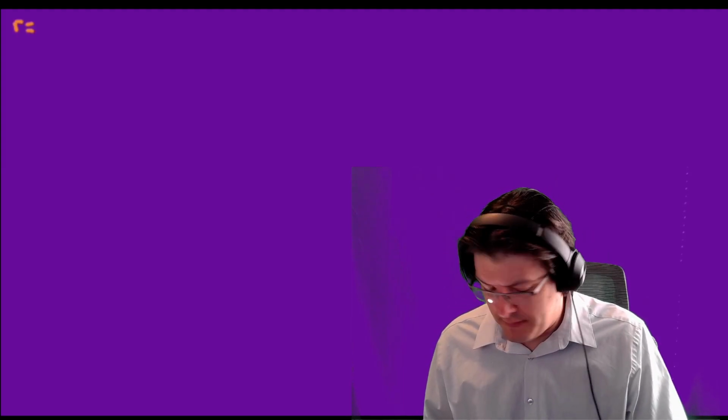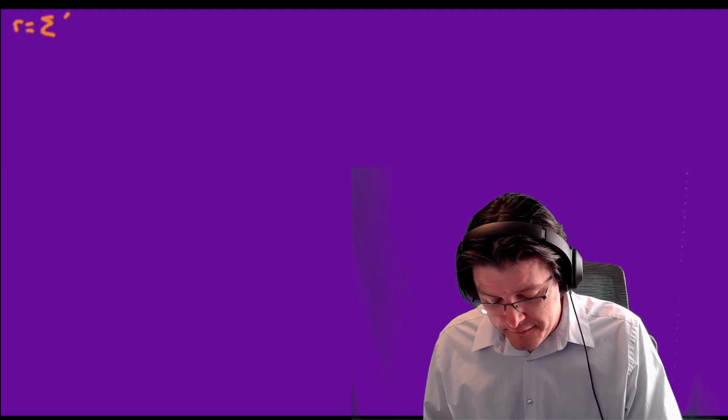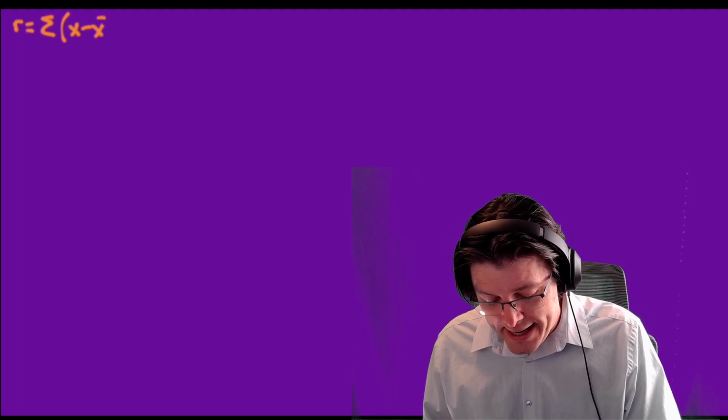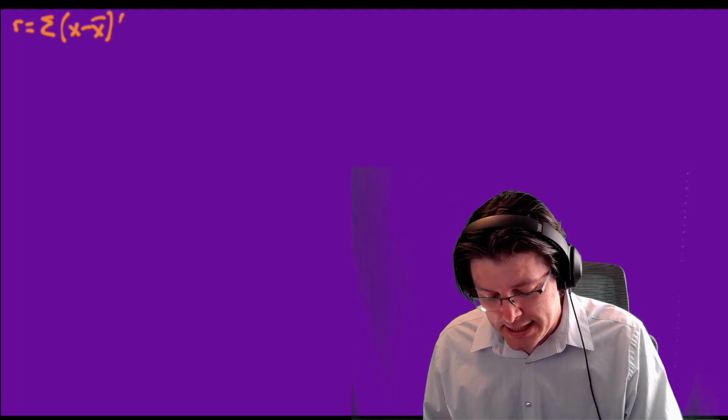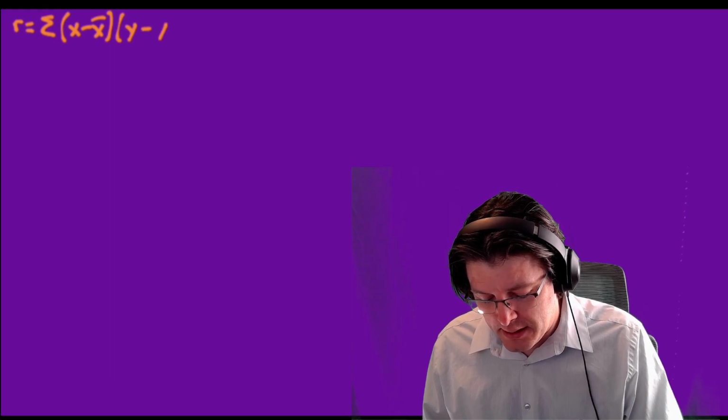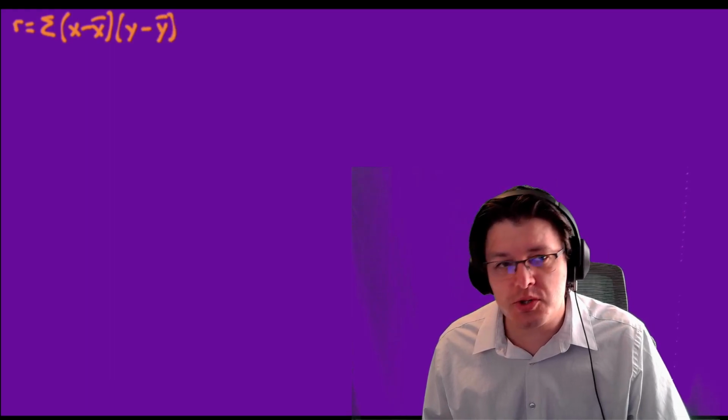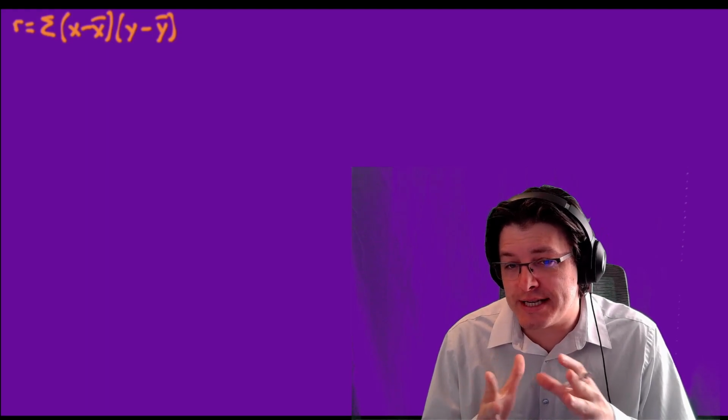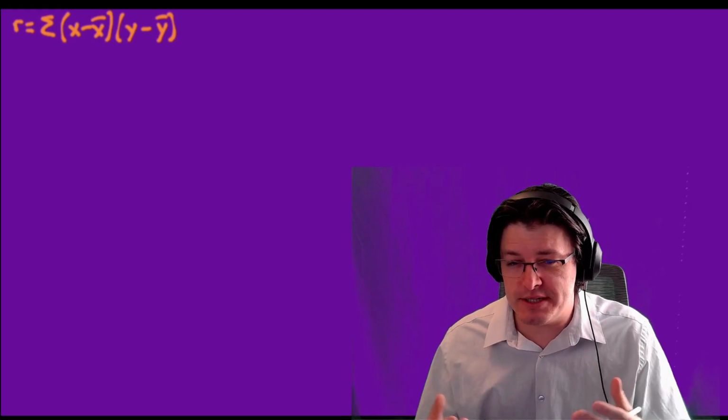R is the summation of the deviations from the X mean times the deviations from the Y mean. Now notice we're not squaring those. What's important about that is that we're not losing the negative. One of the benefits of squaring in standard deviation was that we took care of that negative problem, because when we added up, remember, it always summed to 0, and that was pointless for us.